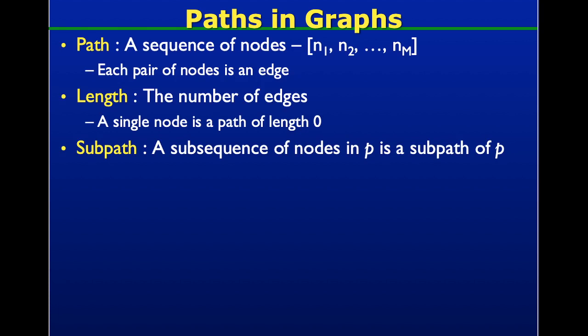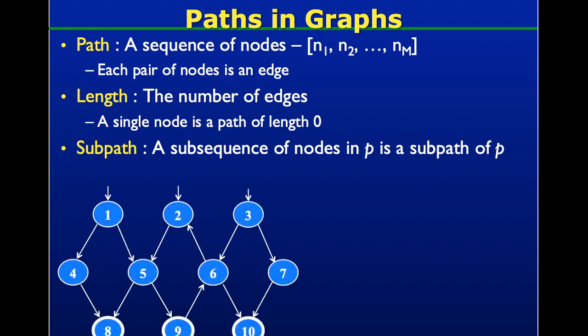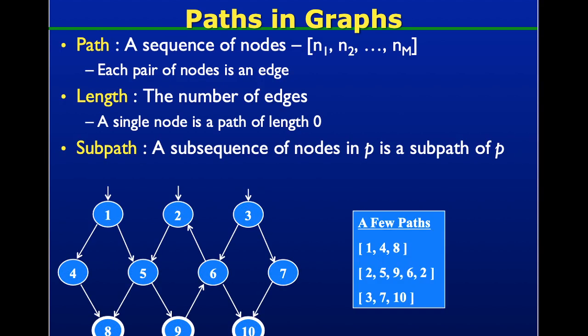Finally, the subpath. A subpath is a subsequence of nodes, a smaller part of a path. For example, if you have a path 1, 4, 8, then 1, 4 is a subpath of the bigger path 1, 4, 8.